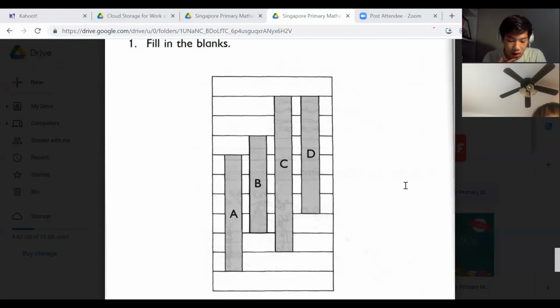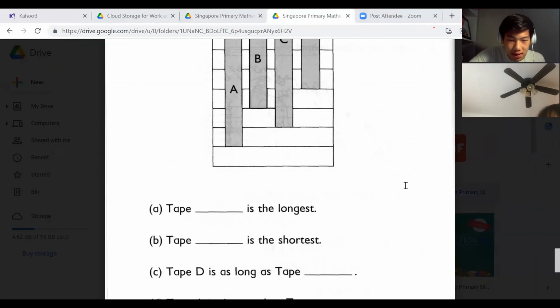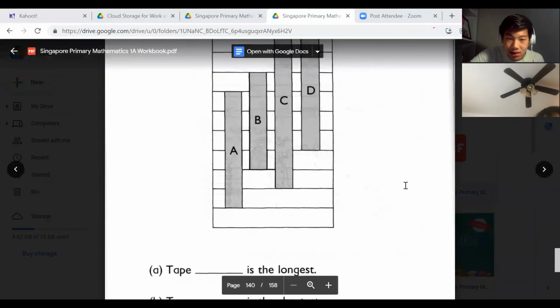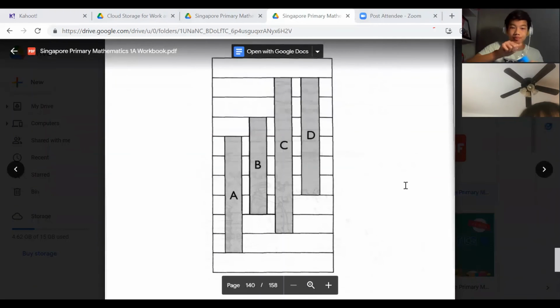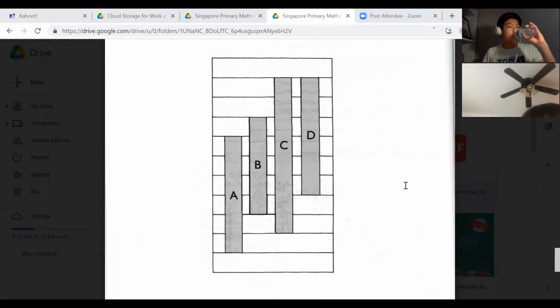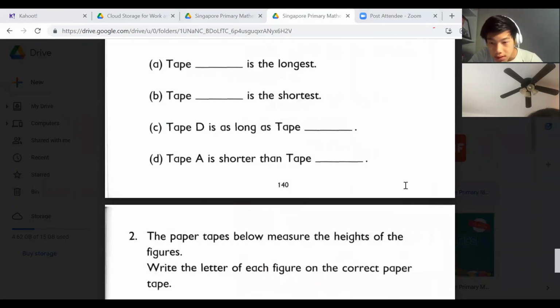And tape D is as long or as tall as which other tape? A. Yes, perfect. And the last one is tape A is shorter than which tape? C. Perfect. Okay. Nice job.